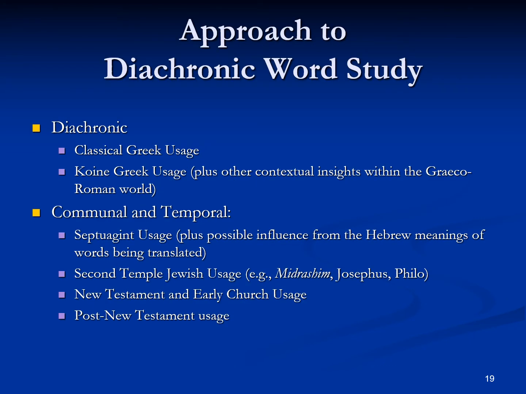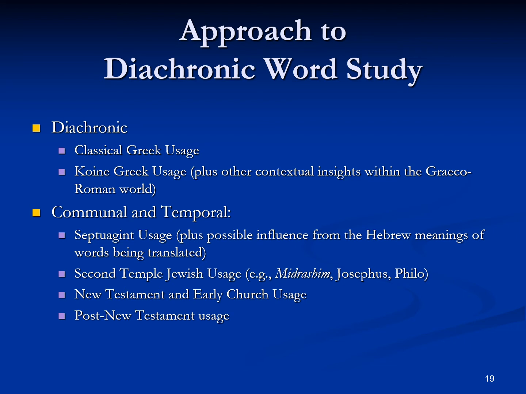So when we look at a diachronic word study, we need to remember that there's possibly a classical Greek usage of a word, 5th century, 4th century, 3rd century BC, and then moving into the common Greek period, the Koine Greek usage, in which we find our New Testament, but we also find significant authors like Josephus and Philo, or we find the Greek translation in the 2nd century BC of the Old Testament as Koine Greek.